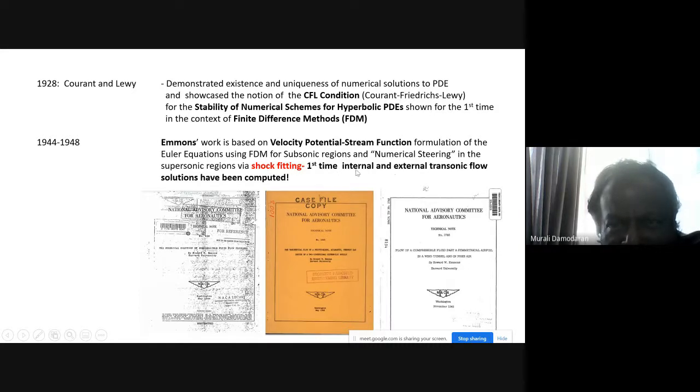If you look at the papers, these are the three papers here. They basically use the velocity potential stream function approach of the Euler equations. They use the finite difference method for the subsonic regions, and in the supersonic region, nobody really knew how to handle it, because there are a lot of characteristics there.